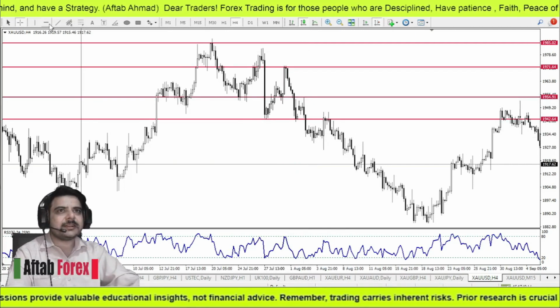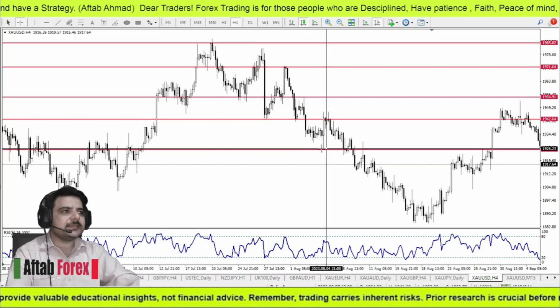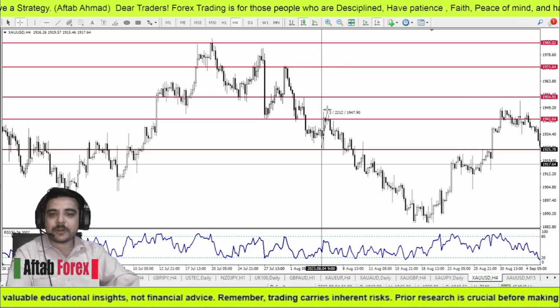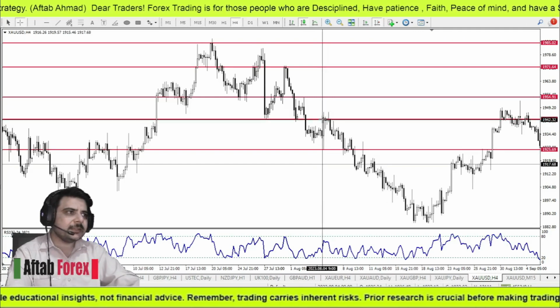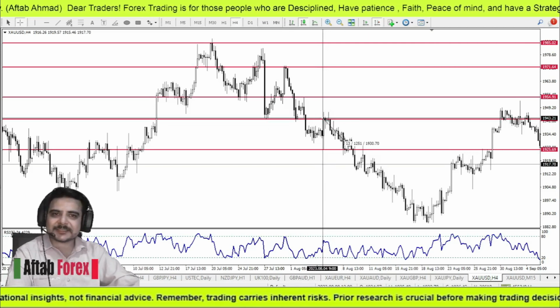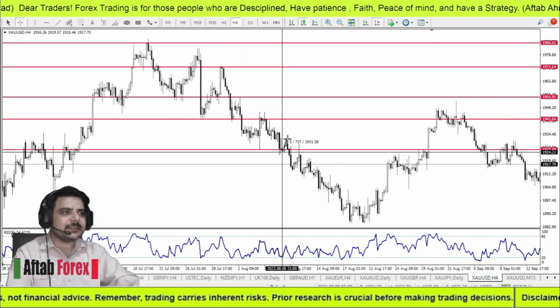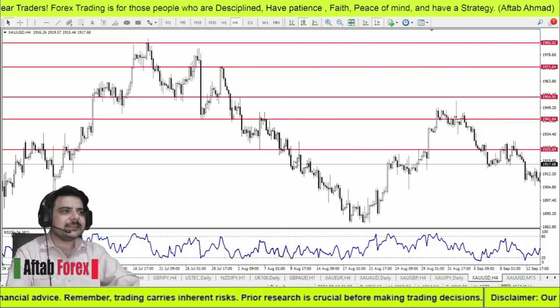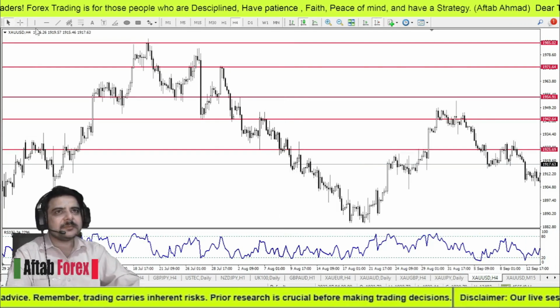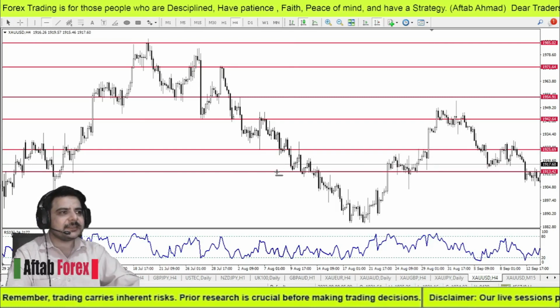We have got an up move from the support, a buy. We got a rejection at the resistance. We got another support, another buy, and then another sell. Another support right here.